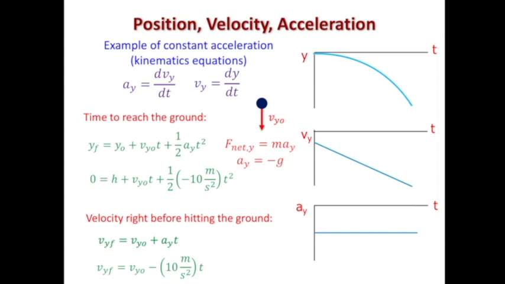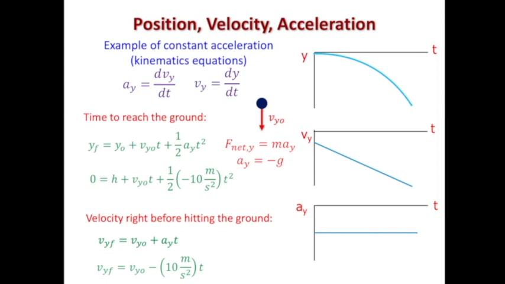So that's simple enough. But then we have this added term, 1/2 at squared, and the 1/2 and the t squared just come from calculus, but we don't really care about that. What we care about is that this term is just accounting for the fact that we don't have a constant velocity. So after time t equals 0, our velocity isn't vy naught anymore.